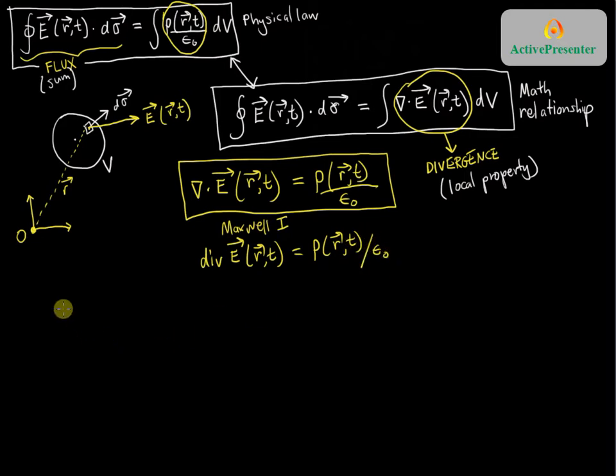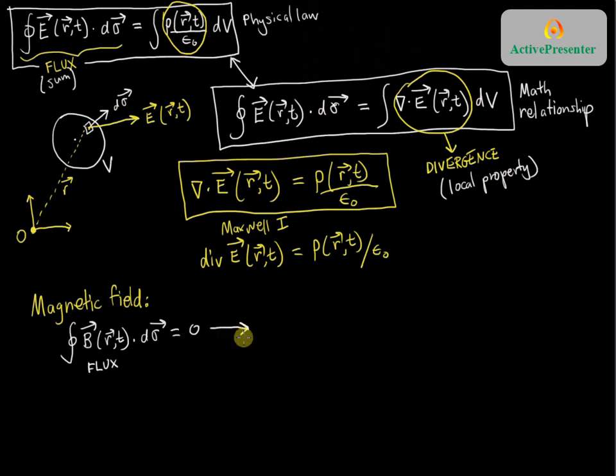Very similarly, for magnetic field, the corresponding equation, like this electric field equation, I will just make it appear. This is the equation for magnetic field flux. And the magnetic flux is always equal to 0. That's a physical law.